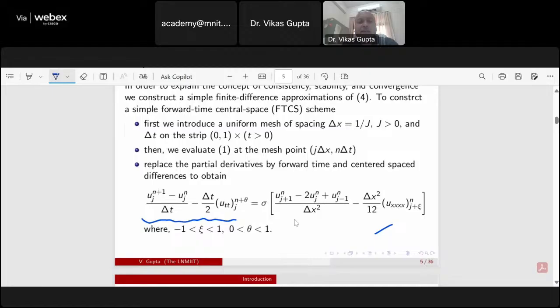And the second derivative term u_xx is replaced by this, and here this is the truncation error in the approximation of u_xx. It is clear that xi lies between -1 and 1 and theta lies between 0 and 1, because this is the central difference operator. That is why for that error term xi takes values between -1 and 1. The construction of the finite difference operator and the corresponding truncation error term I already discussed in the last lecture. So using the same thing, we are constructing this forward time central space scheme.